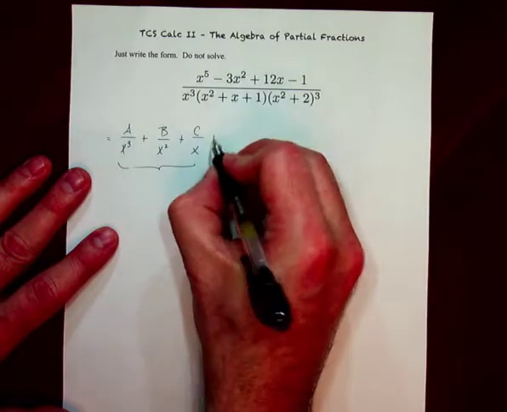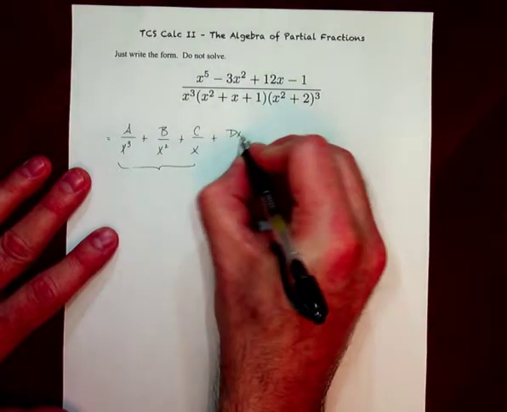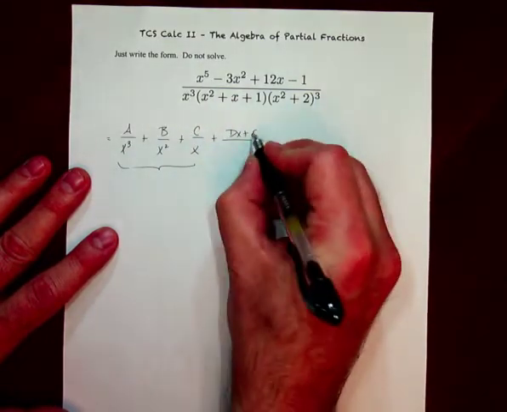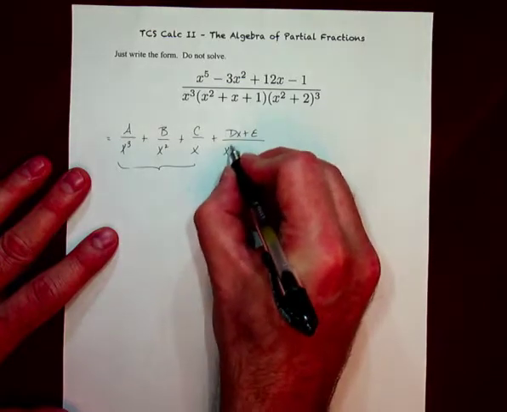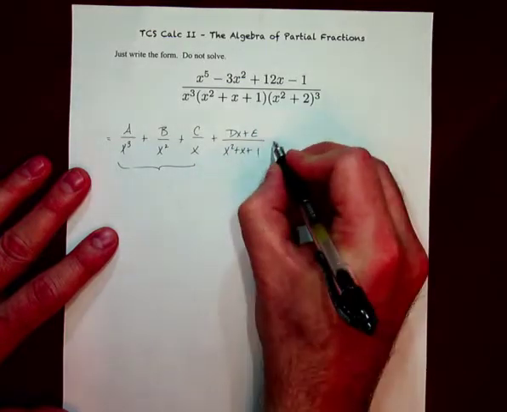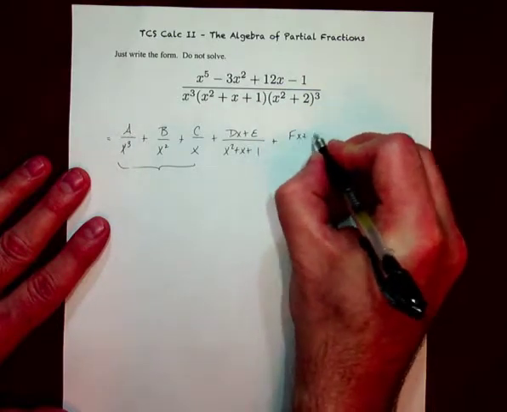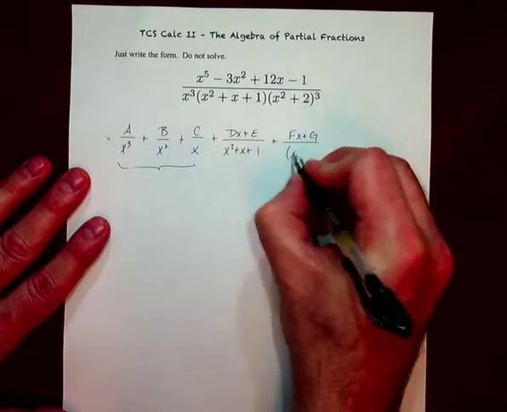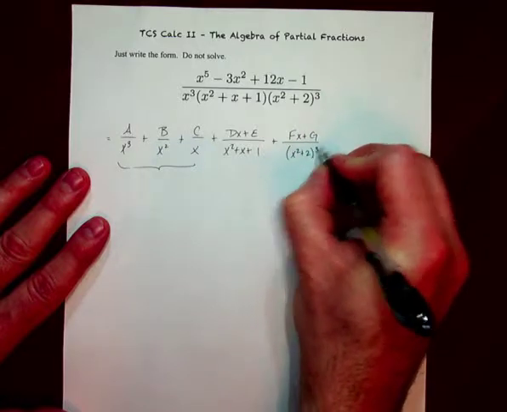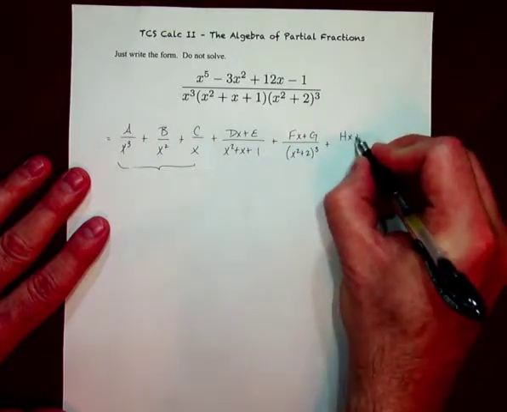Now, this is an irreducible quadratic, so we simply need a linear, that needs to look like an e, over it. This is a repeated irreducible quadratic, so we need a linear over it squared, and hx plus, we'll call it j, over x squared plus 2.